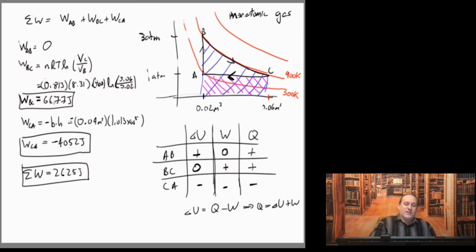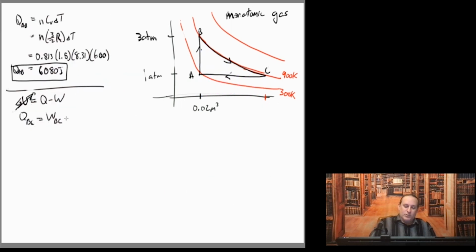It's 6,677 joules. Okay, so the total heat input is the sum of these two numbers. That's 12,757 joules.